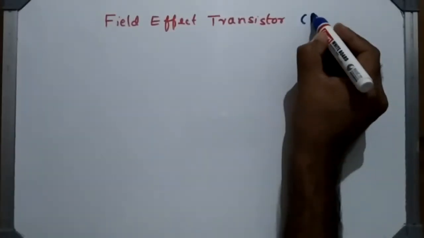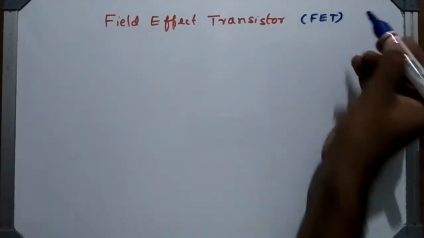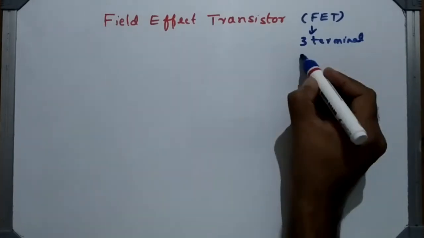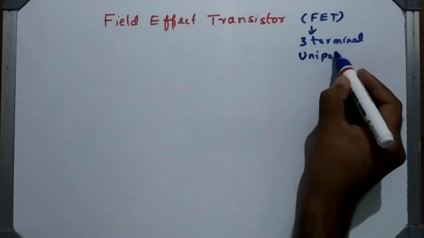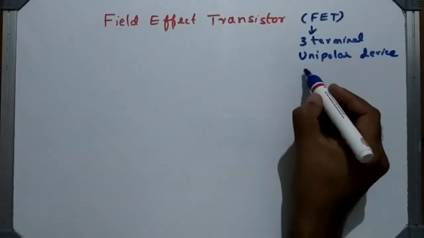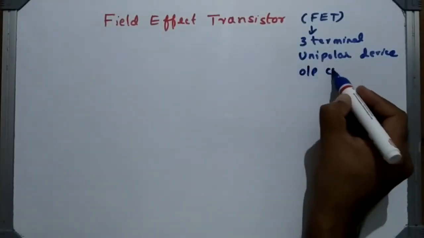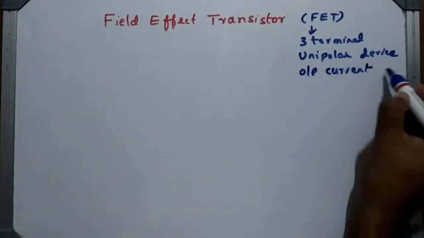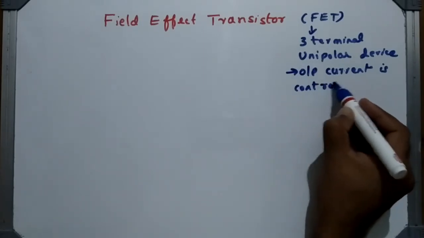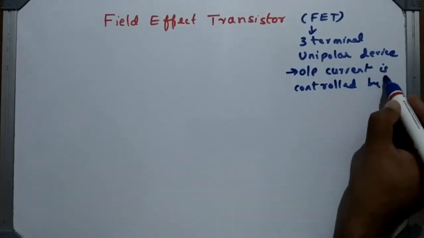Field effect transistor, or it is also called FET. Now FET is a 3-terminal unipolar device in which the output current is controlled by the input voltage.